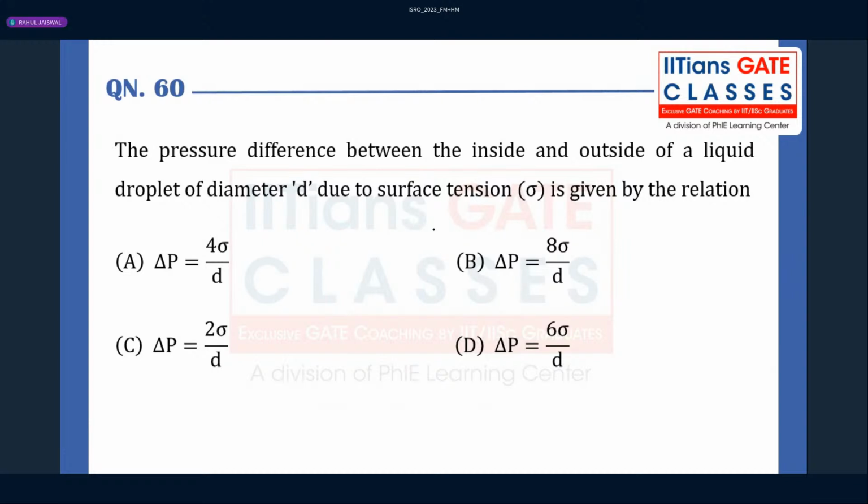Droplet formation. When you take any droplet, let's say this is a droplet which we have drawn, in this droplet the liquid has a pressure, let's say PT, and outside we have the pressure PATM.